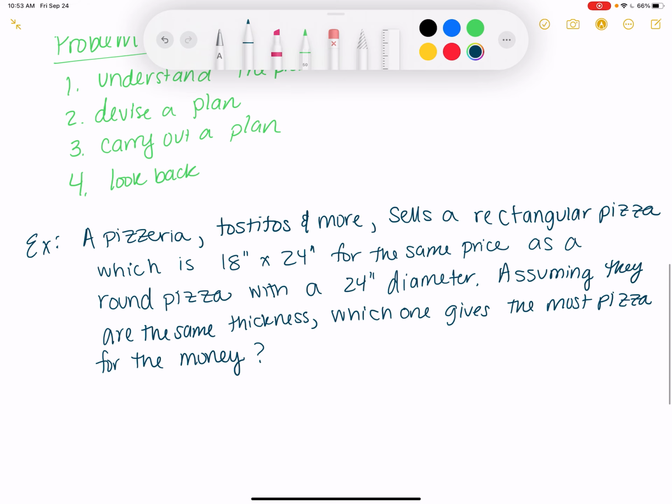All right, so we've got a pizzeria that sells 2 pizzas. One's a rectangle, one's a circle, okay? And we want to know which one we should get to get the most pizza for our money. Okay, they're the same price, same thickness, so we need to just compare the area of both pizzas.